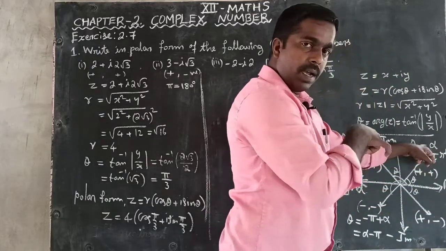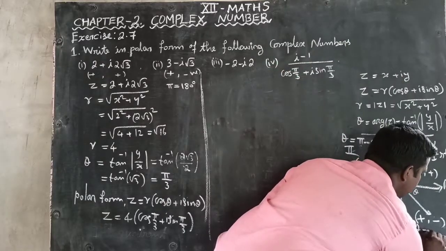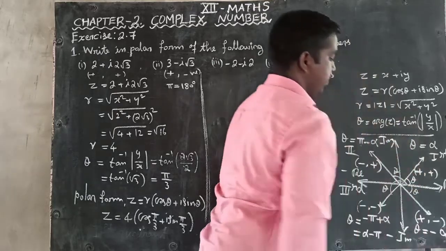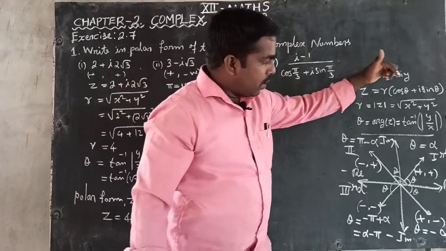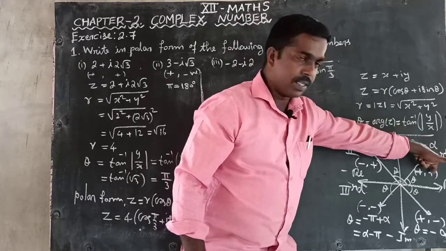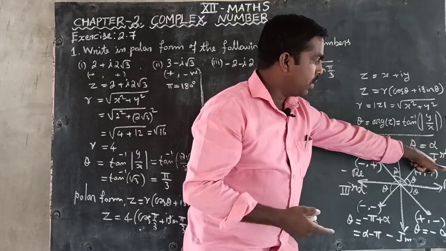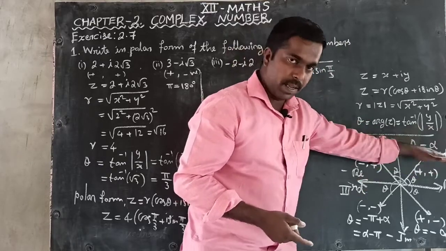So in this fourth quadrant theta is equal to minus alpha. Okay, so for the given complex number, if real and imaginary parts are both positive, theta is nothing but plus alpha.